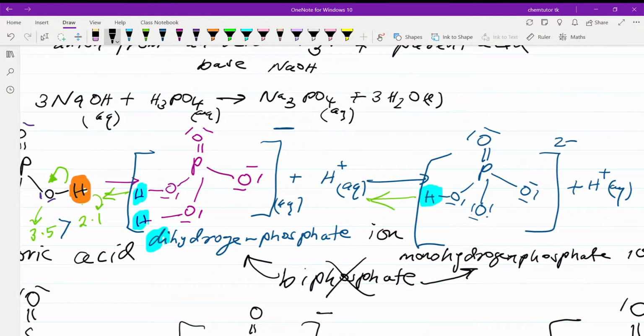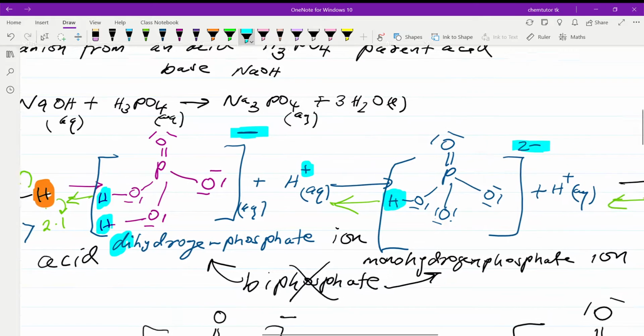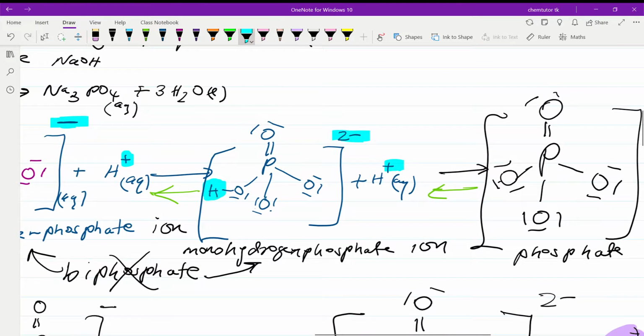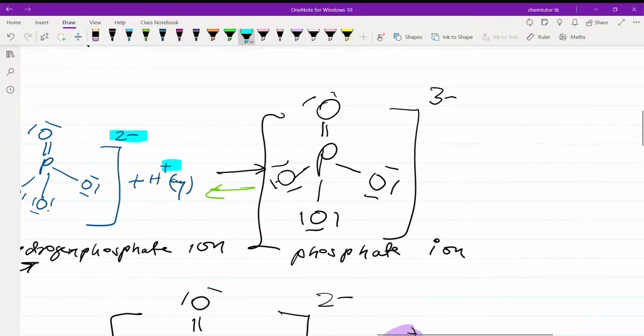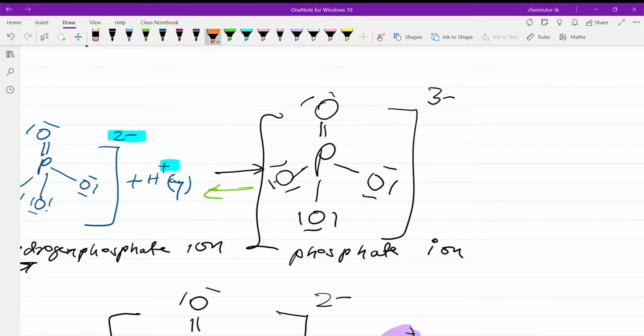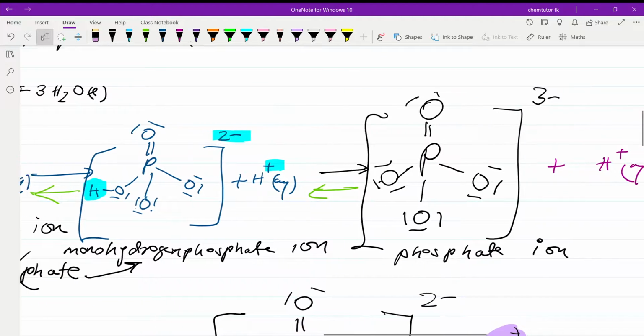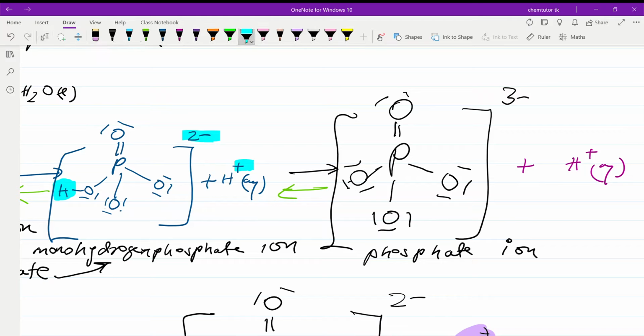So here this one has 1 minus charge, 2 minus charge, because each time it releases one proton, the negative charge increases by 1. So you can see how these hydrogens are released.